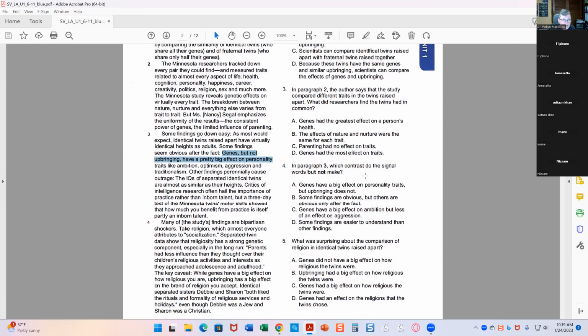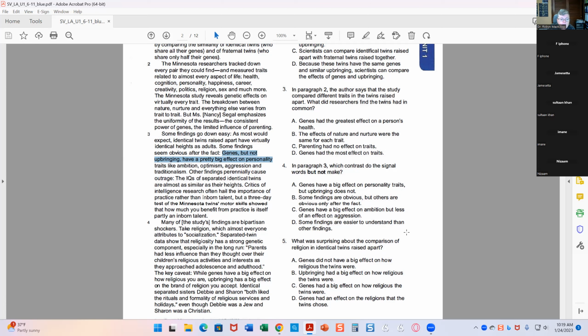So what contrast does but not make? Does it mean that genes have a big effect on personality and upbringing does not? Does it mean some findings are obvious, but others are obvious only after the fact? Does it mean genes have a big effect on ambition, but less of an effect on aggression?